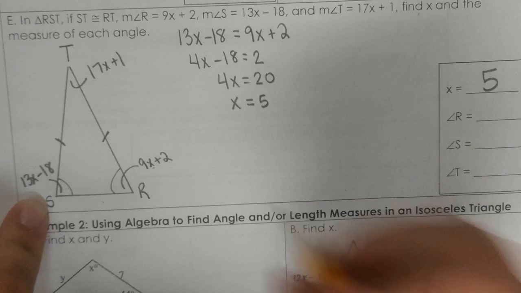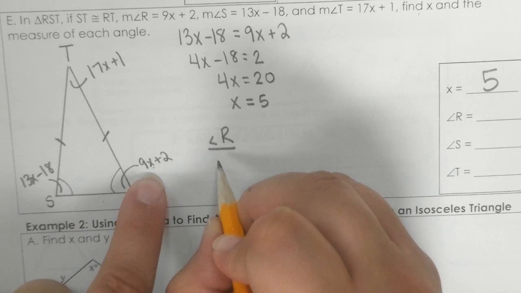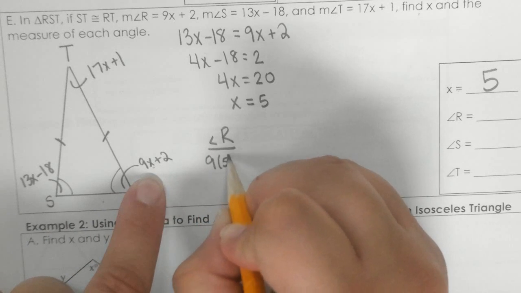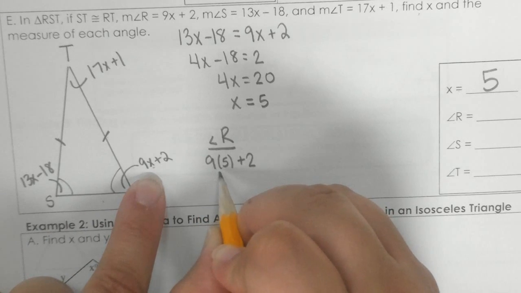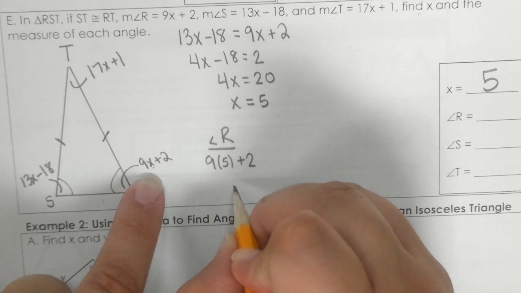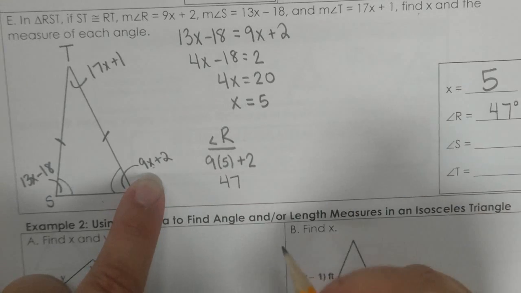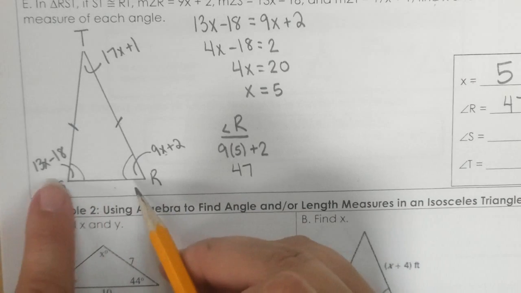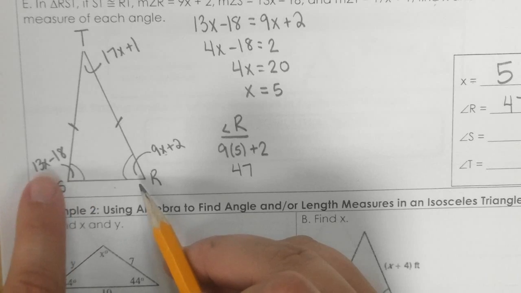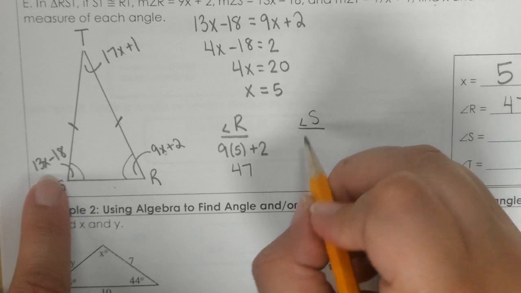Okay? And now it's a matter of plugging in. So for angle R, if I plug 5 in, we have 9 times 5 is 45. We add 2 to that, and we get 47. Now, because we've already discussed that R and S are congruent, we know that when we plug 5 into angle S, we should also get 47.